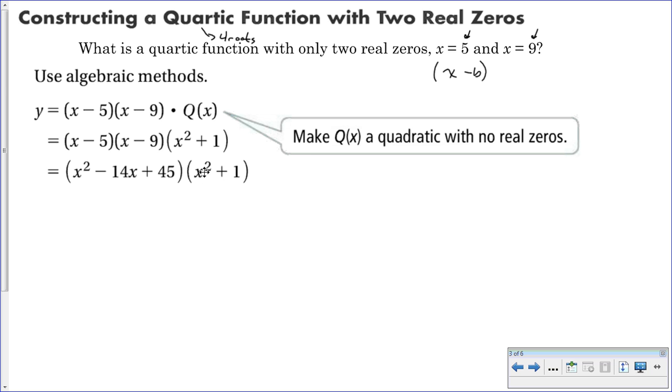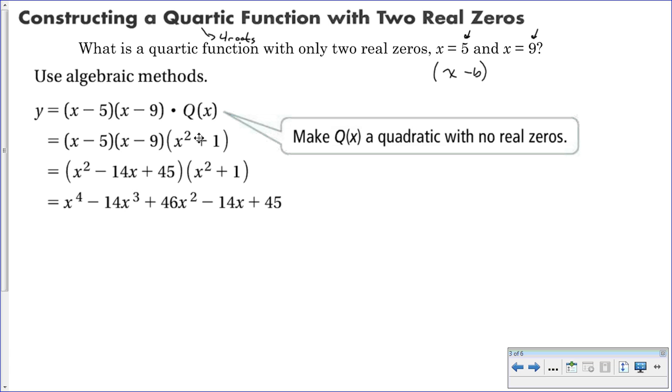So from here, you just multiply this polynomial by this one. So your final answer would come out to x to the fourth minus 14x cubed plus 46x squared minus 14x plus 45. This function here is a quartic function with only two real zeros, x equals 5 and x equals 9.